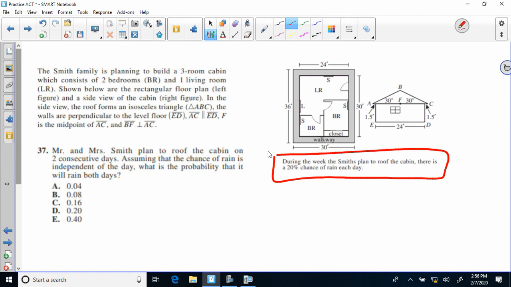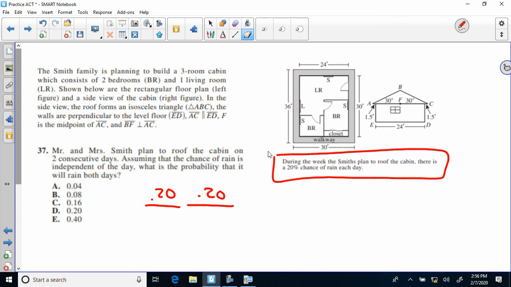So we're going to do it 2 consecutive days. The probability that it's going to rain on the first day is 20%. That's 0.20 if you write it as a decimal. And the probability that it will rain the second day is also 20% because it said that it's independent. They're going to have the exact same chance both days. Well, if we have the same chance both days, you're multiplying those together.